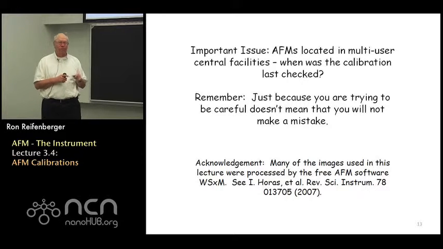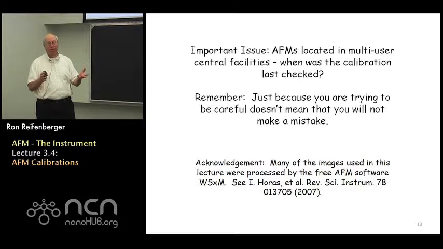Very often the calibration numbers are embedded in the software of the instrument. A user could inadvertently change those calibration settings without you knowing it, so that if you do not run a separate calibration check, you start to believe numbers that come out of the instrument, and those numbers could in fact be off.